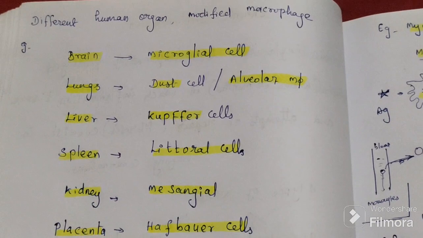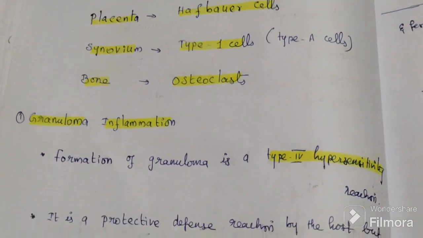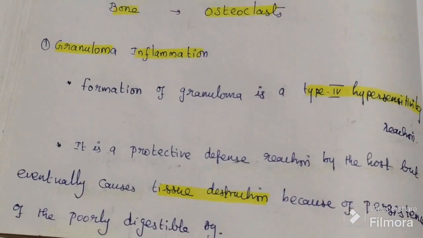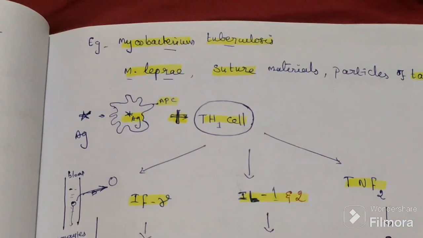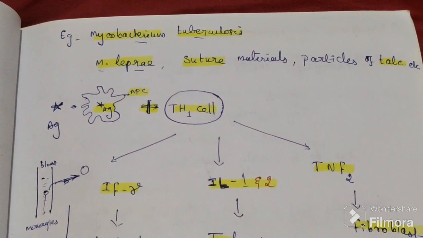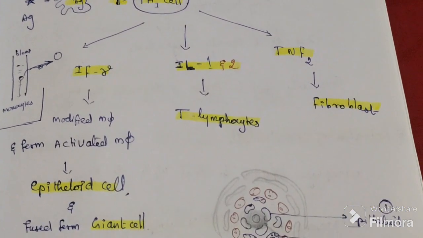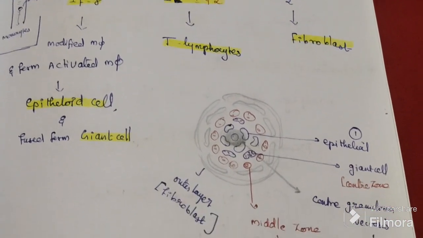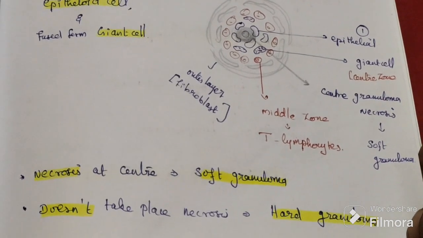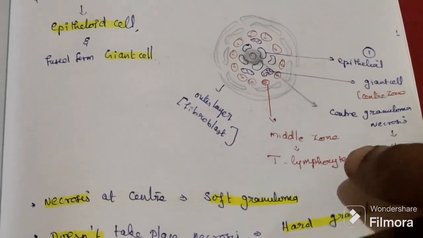Different human organs have different modified macrophages; this is the list. So three things are important: granuloma, inflammation. The antigen is not killed by the antigen presenting cell; it needs the T helper cell, which secretes cytokines. At the end we have three different types of cells: epithelioid cells, T lymphocytes, and fibroblasts. This is granuloma formation.